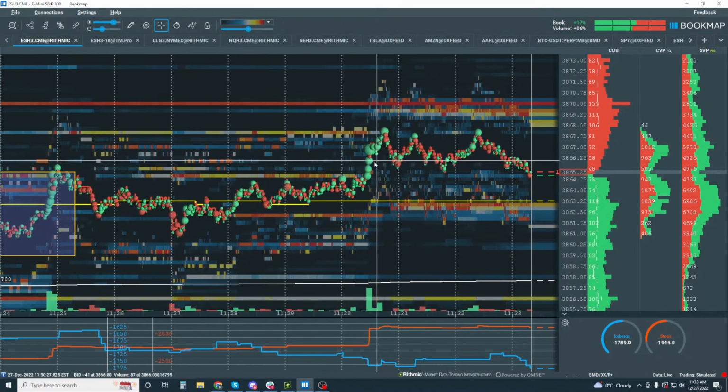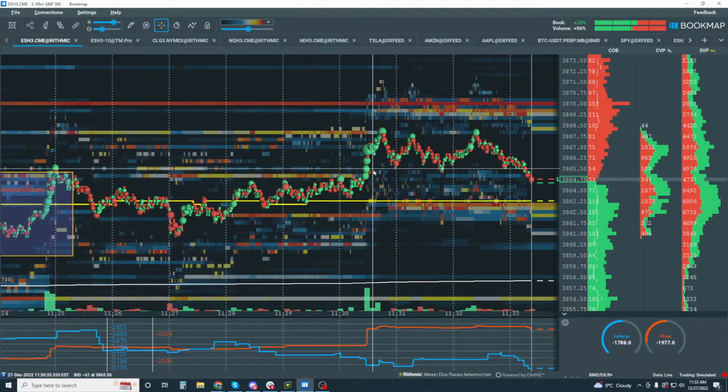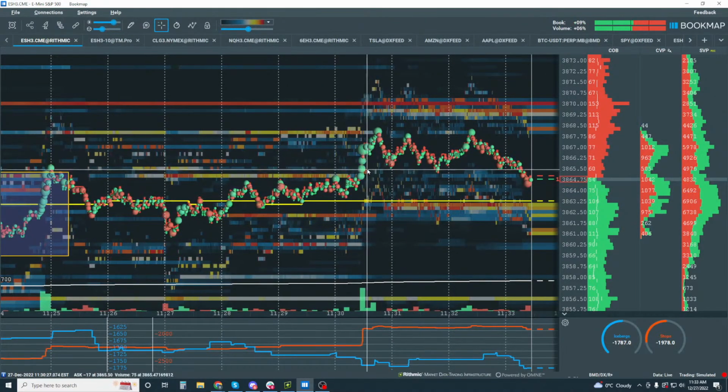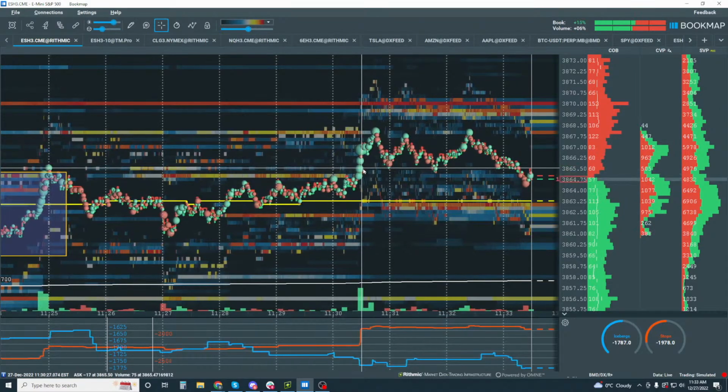Now, this would have been a stop out at break even. Yet again, we gave it a shot. This is looking better than ever, and it would be another stop out at break even.